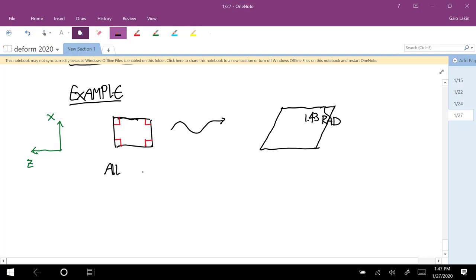And all other angles that aren't shown in this picture are unchanged. What are the shear strains?